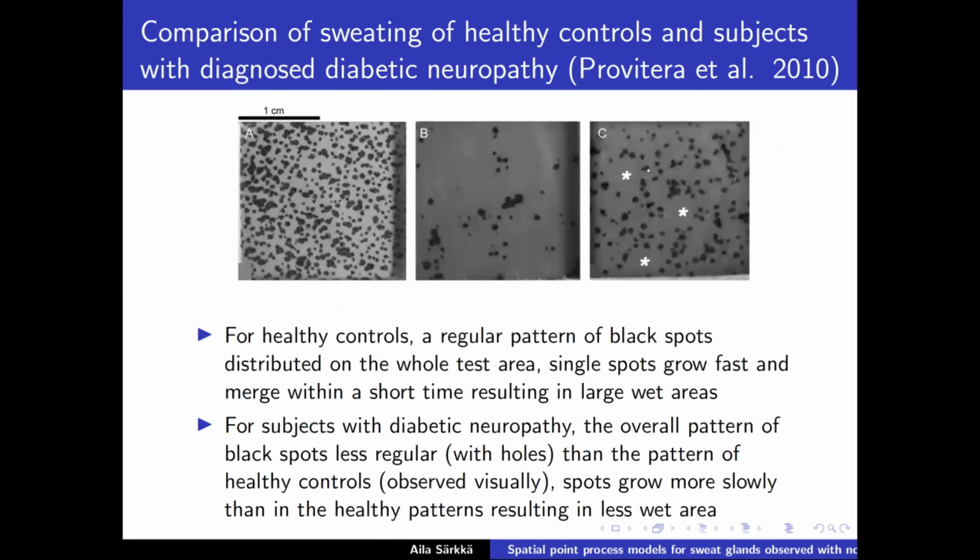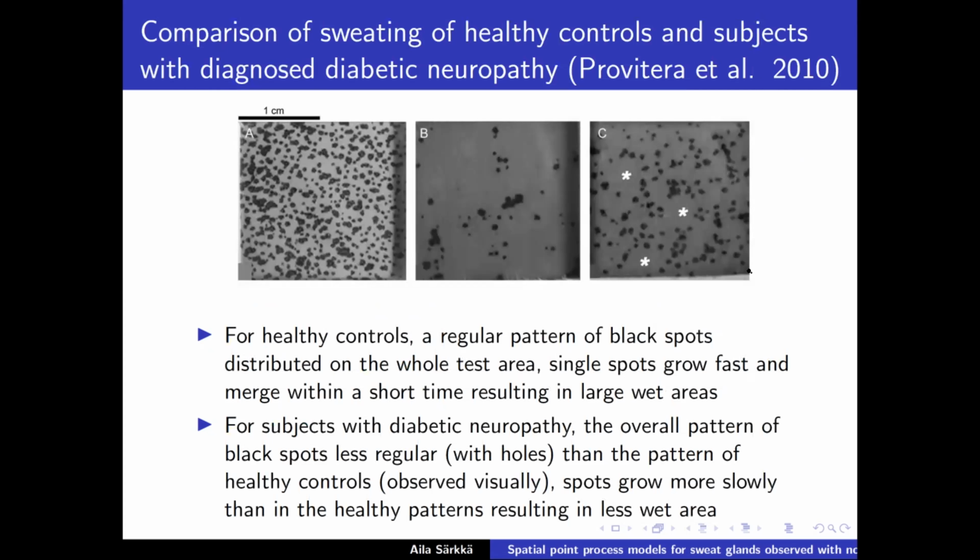And what they did in their first study, they compared sweating of healthy controls and patients suffering from diagnosed diabetic neuropathy. And this image here is from this article. The first one on the left, that sweat spot picture, is from a healthy subject.